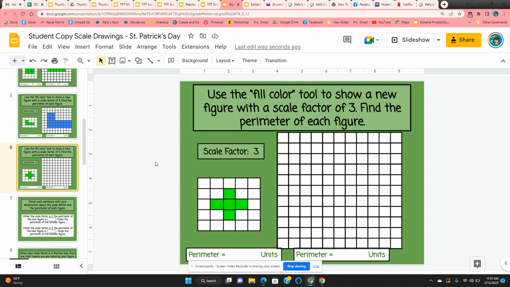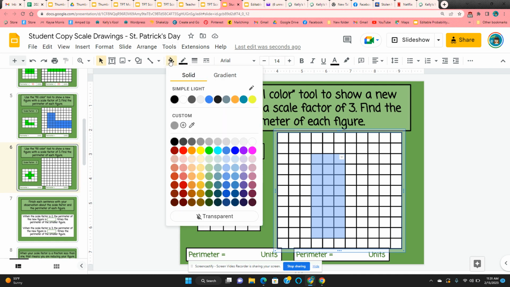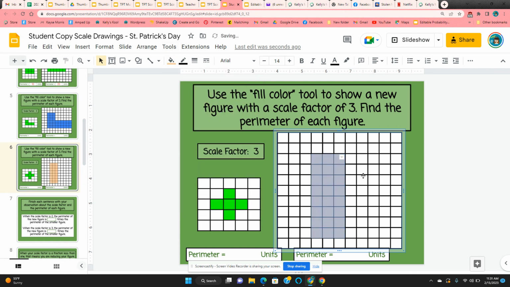Then they have a little bit different shape. This one's also a scale factor of 3, so each side is going to be times 3. And choose any color they like.